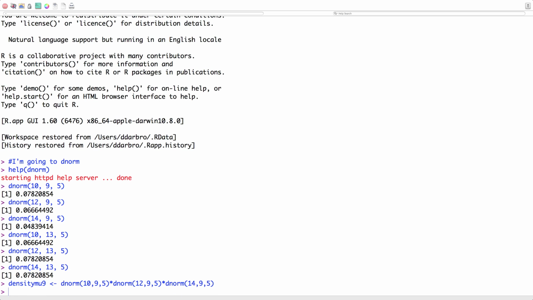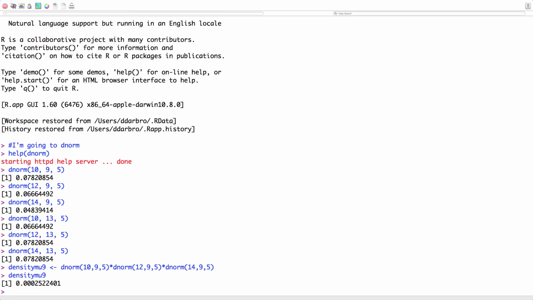So for that value, I get 0.00025, and I can go density for mu 13.